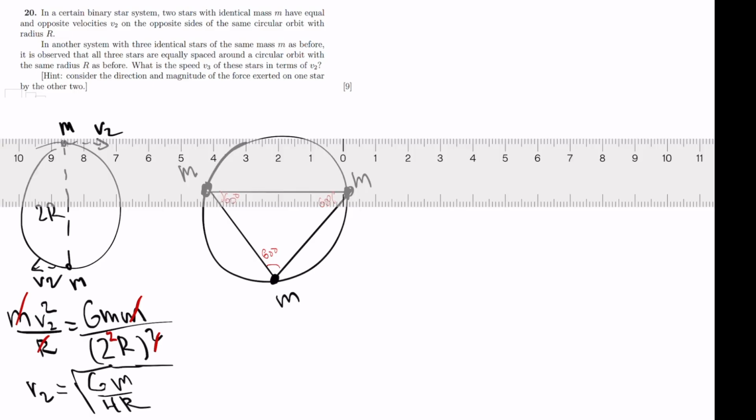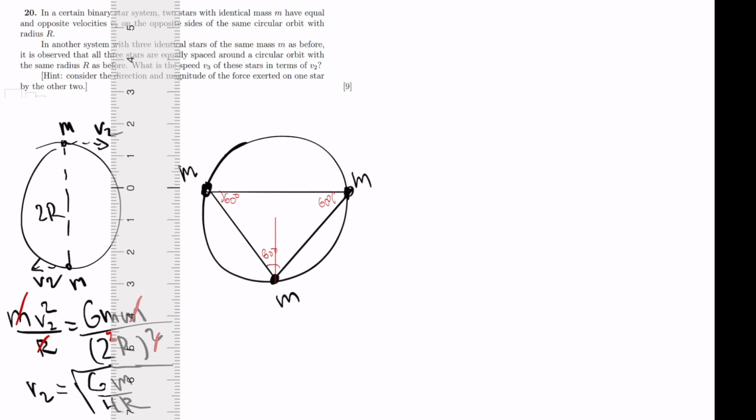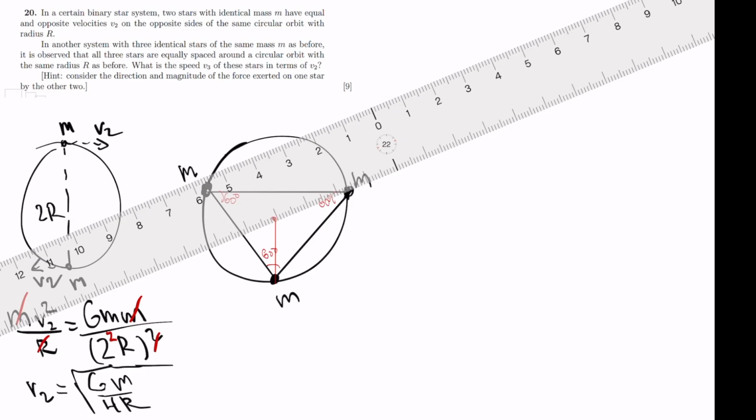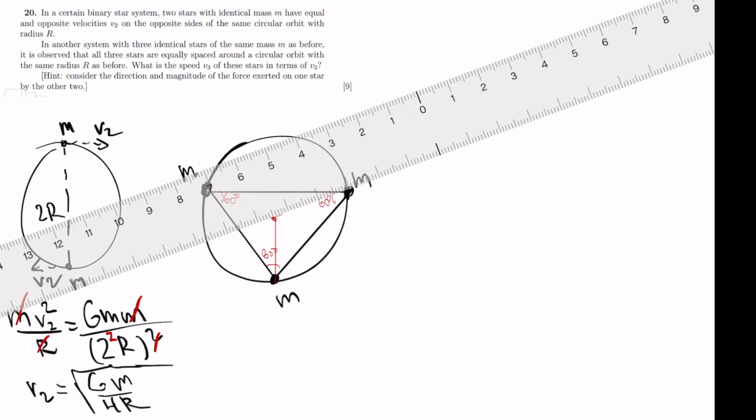Okay, so let's draw the radius and be quite careful drawing it. So the center of the circle will be somewhere there, and then this distance here will be r that I've just drawn, and then this distance here will also be r, and then this distance here will also be equal to r.